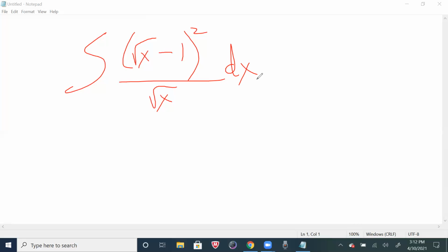Because if that's something other than x, let's say that's a dr, you can't do this problem. This has to match the variable of the integral. And that's why when you use U substitution, you have to get the whole thing transferred into an integral of U, and there can't be any x's left over.